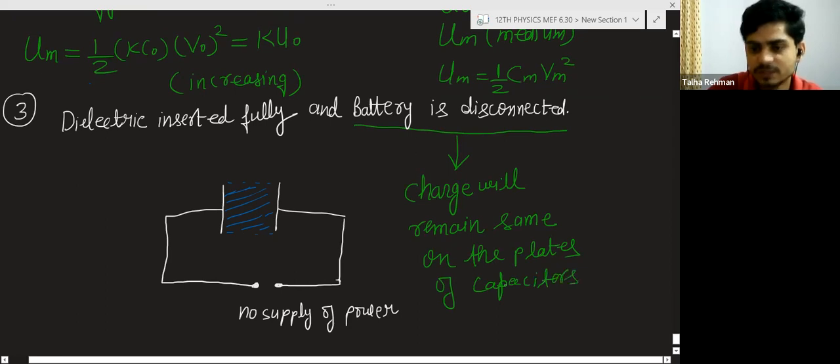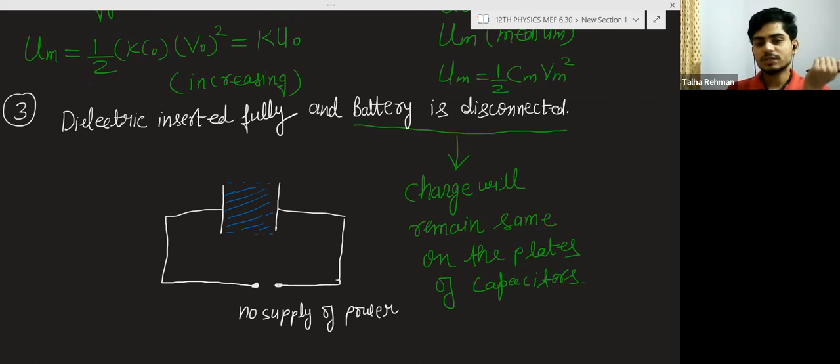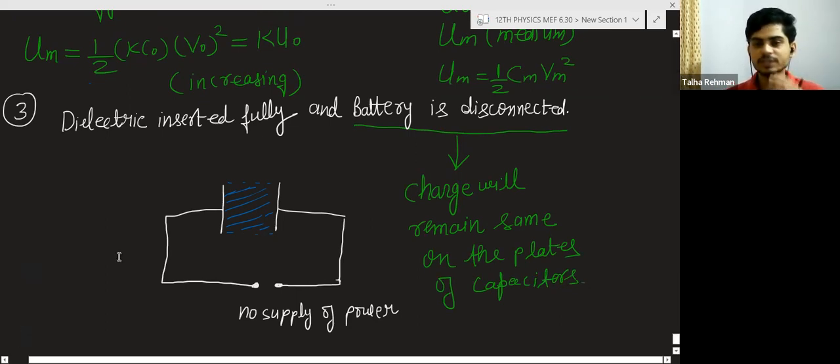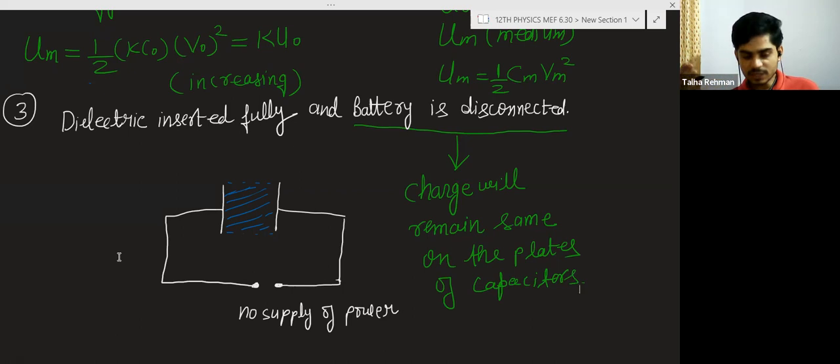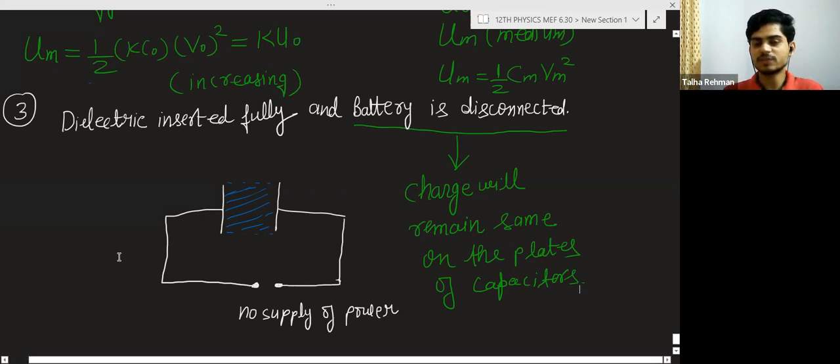Why is the charge on the plates of the capacitor? Because what is the work of the battery? The work of the battery is to give the charge. Now you have disconnected the battery, so nothing is giving charge to the capacitor.